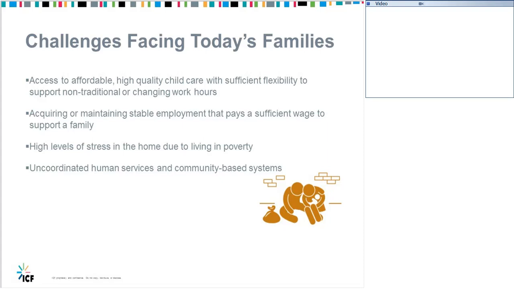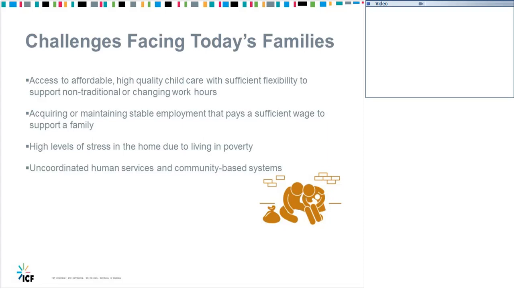Programs are not generally designed around the needs of other family members or the entire family, and can leave parents choosing between accessing services which target child development or those that support their own employment. Compounding these challenges is that many low-income families face barriers to maintain healthy and self-sufficient homes.